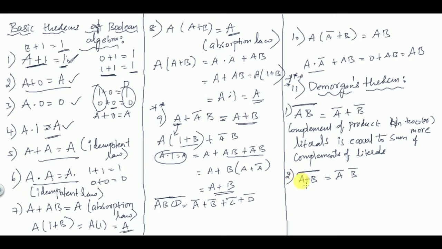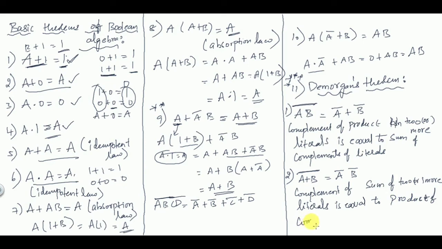That is, the complement of the sum of two or more literals is equal to the product of the complements of the literals. You can extend it to any number of variables.